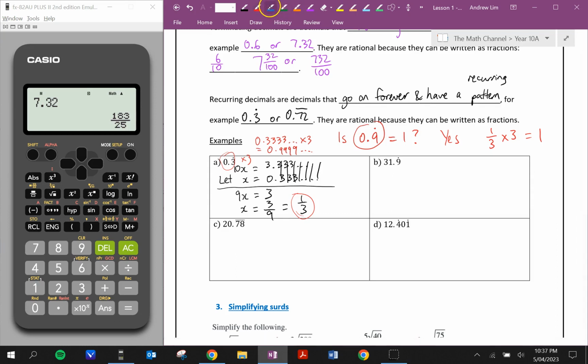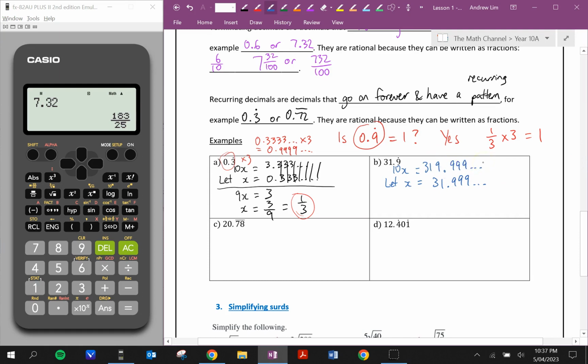So let's have a look at question B. We've got 31.9 repeater. We're going to let x equal 31.999 forever, and I'm going to times this by 10. So x times 10 is 10x. 31.9 repeater times 10 is 319.999 repeater.